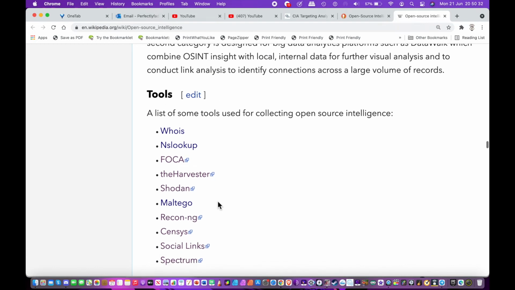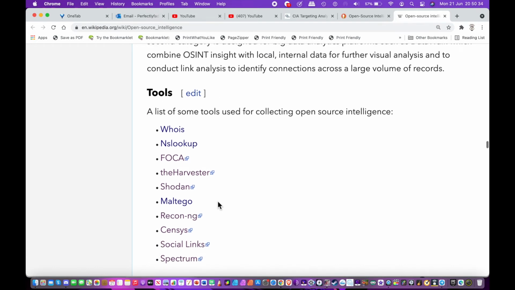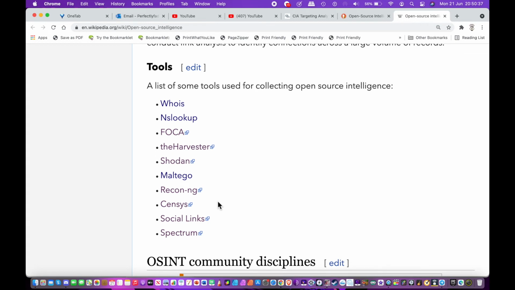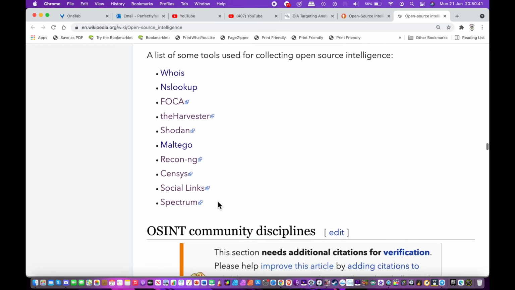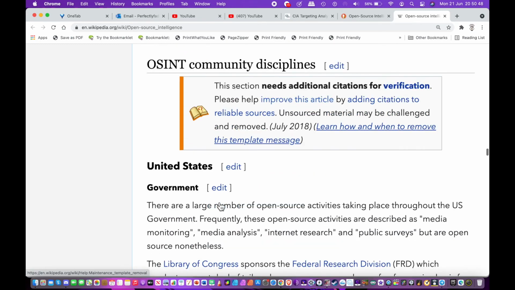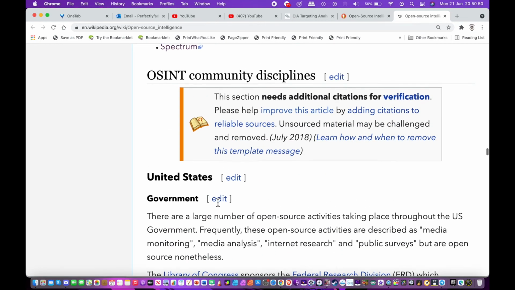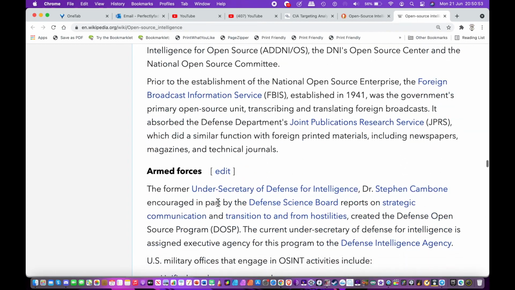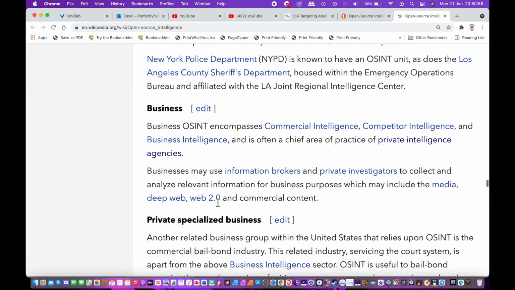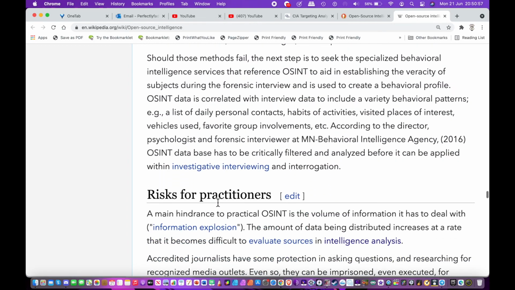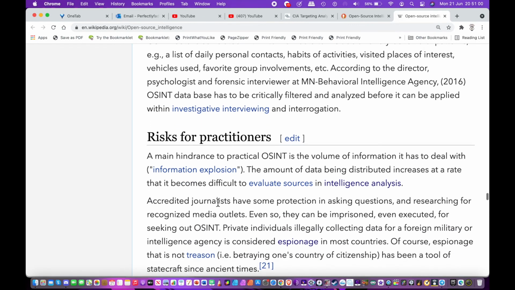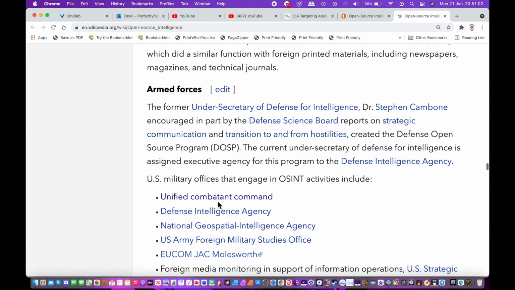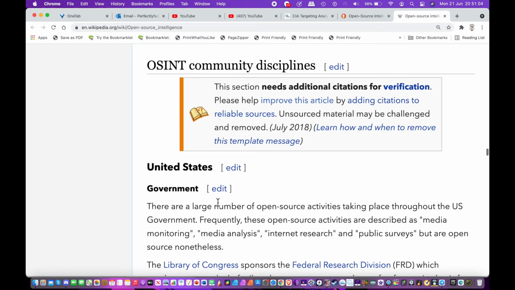NSLookup, FOCA, theHarvester, Shodan, Maltego, Recon, Censys, Social Links, and Spectrum.